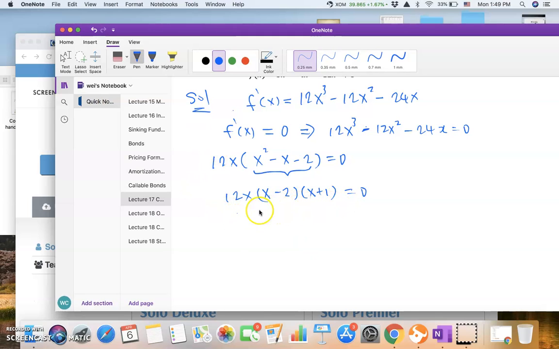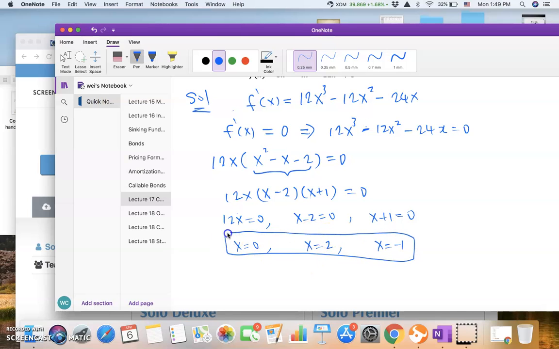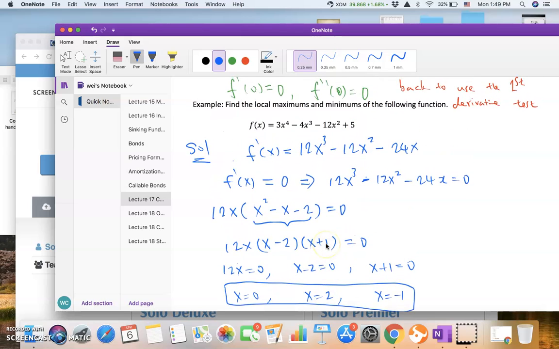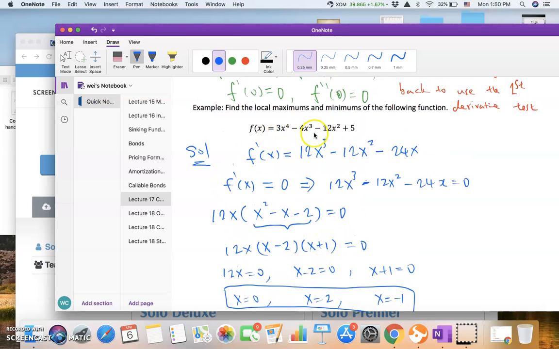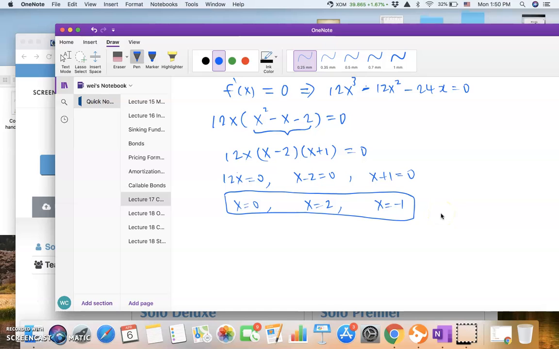There are three zeros for this equation. Since all of them are in the domain of the function, all three points are critical points.